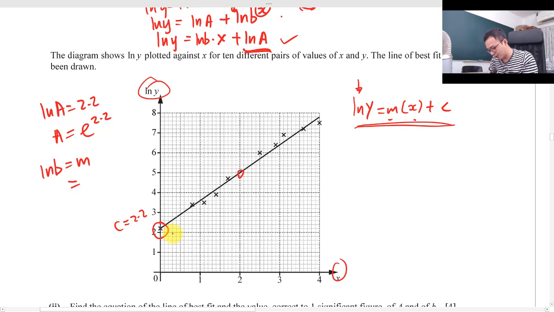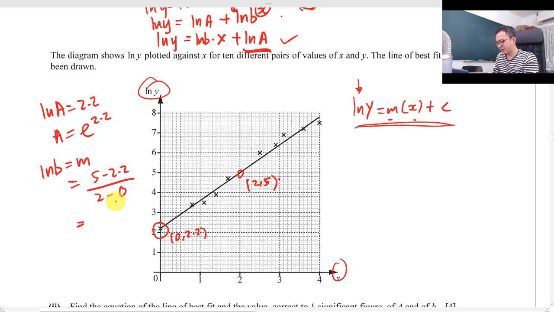This one is 0, 2.2, and then this one is 2, 5. So therefore I will say 5 minus 2.2 over 2 minus 0. So this is how I get the gradient. So I will get 3.2 divided by 2, 1.6 equals to ln b.